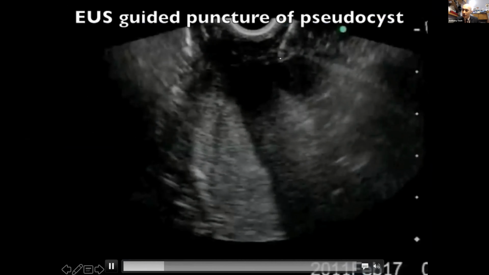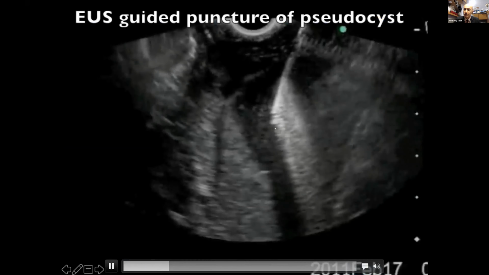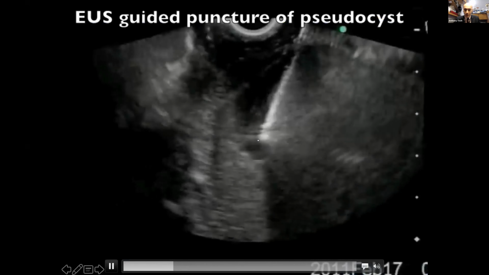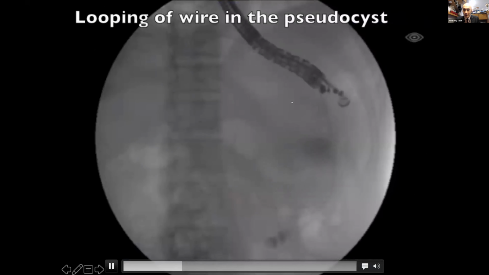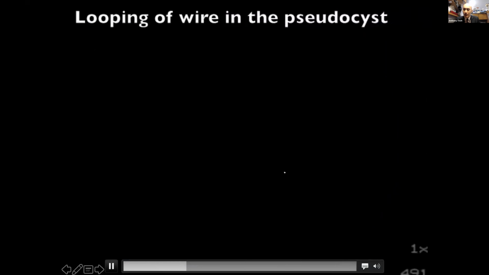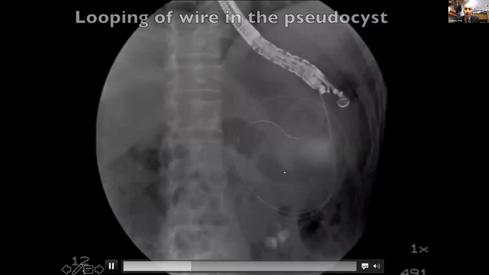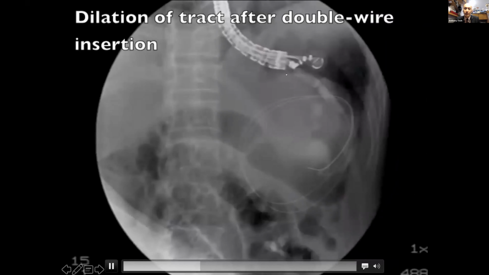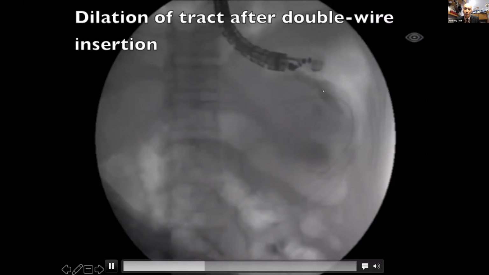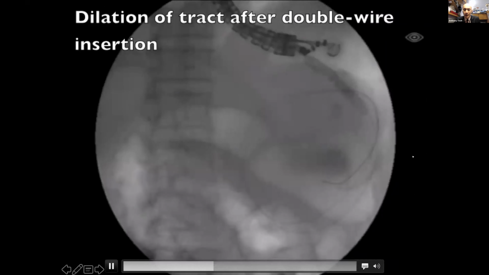So we first puncture with the needle. And then we place 1 guide wire inside. Next, we use a cystotome followed by a dilatation of tract with a CRE balloon. This was up to 10 because I was planning to insert 3 plastic stents.